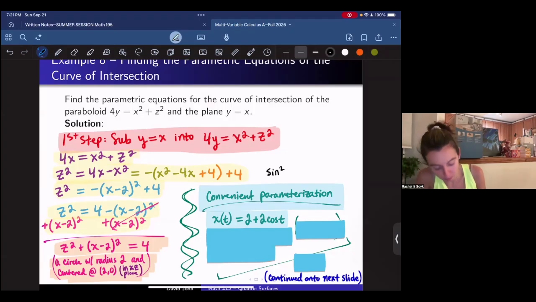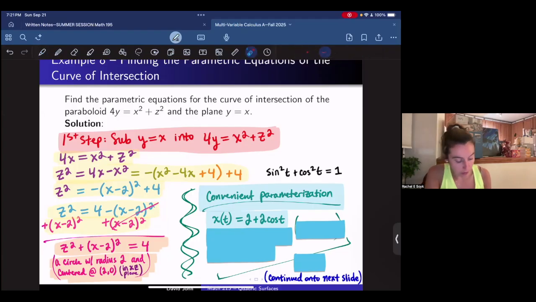I'll put it in terms of t since that's the variable we're using. But we have different conditions here. Our condition for our radius is not 1 here. It's 2. 2 squared gives us our 4.